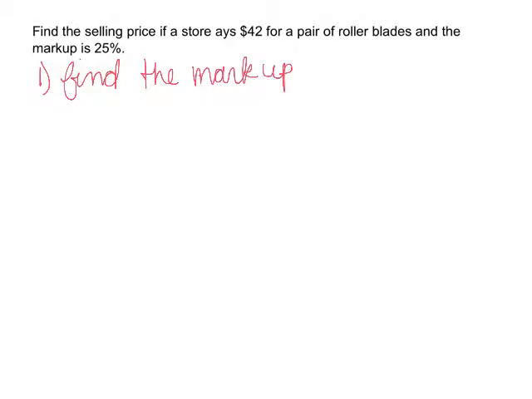I'm going to take what is 25% of 42. So x equals 0.25 of 42, which means x equals 10.5. So $10.50 is what that 25% would be.